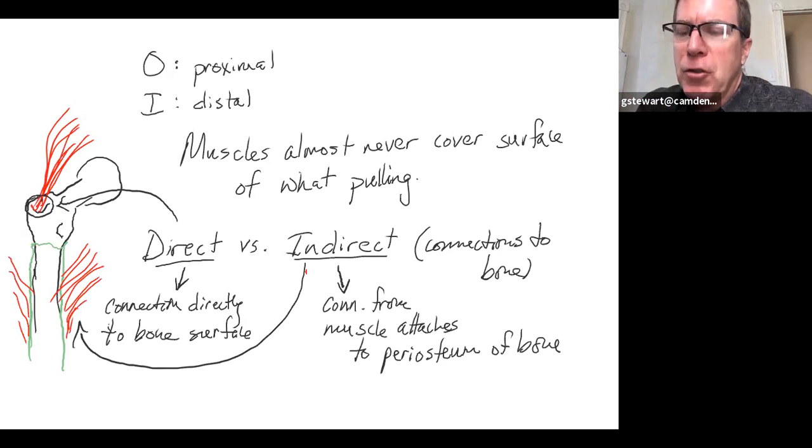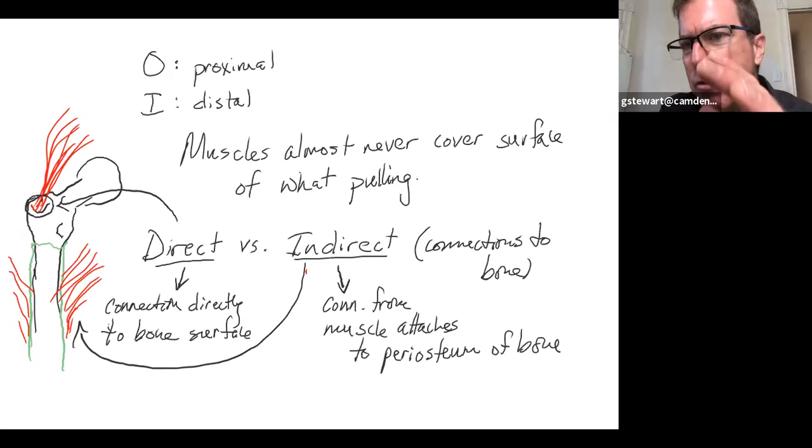Now these two terms have been somewhat changed and misused. You may read, on the internet or in some textbooks, that it refers to whether or not a muscle is attached by a tendon. Technically, that's incorrect, but I'm going to describe that to you.